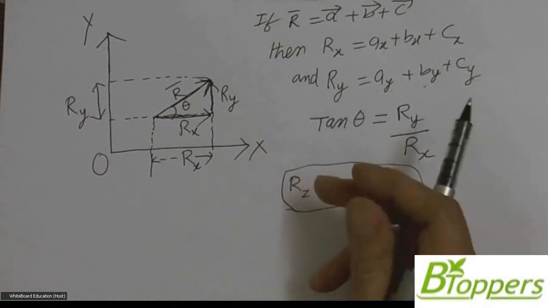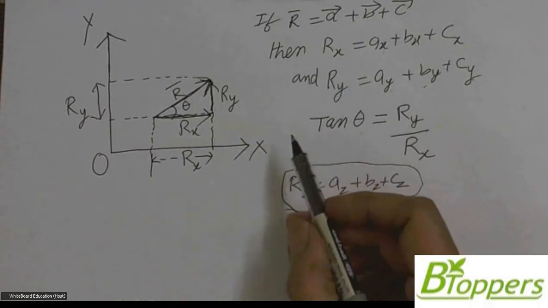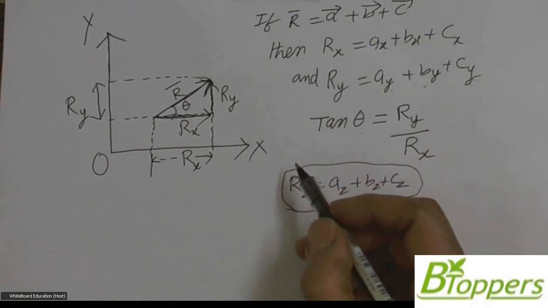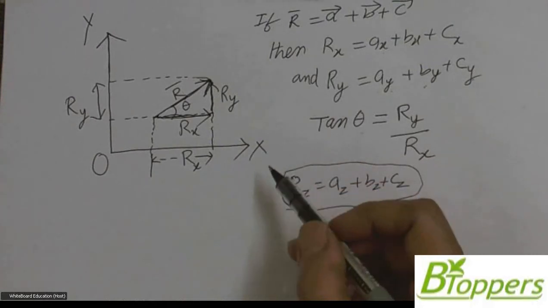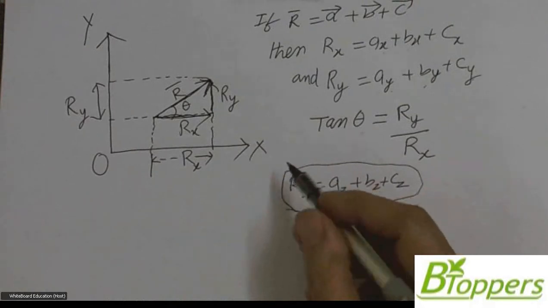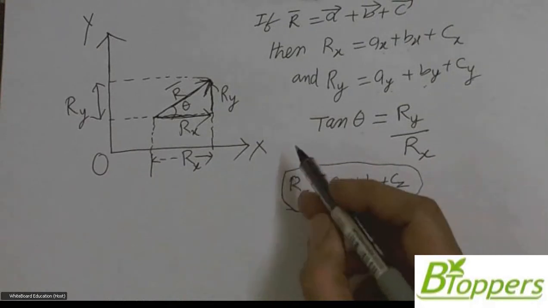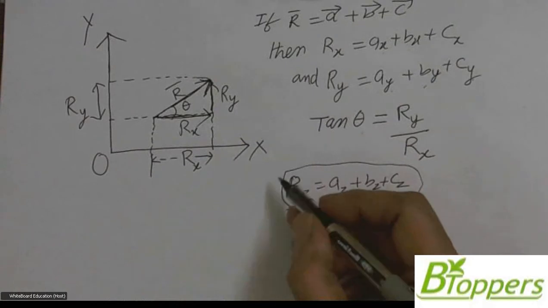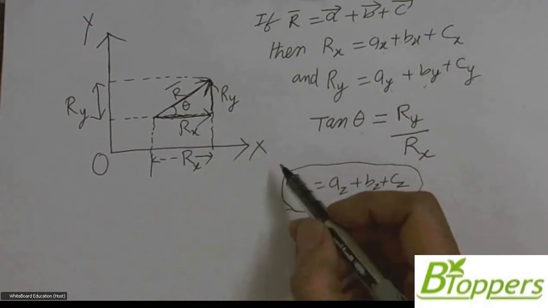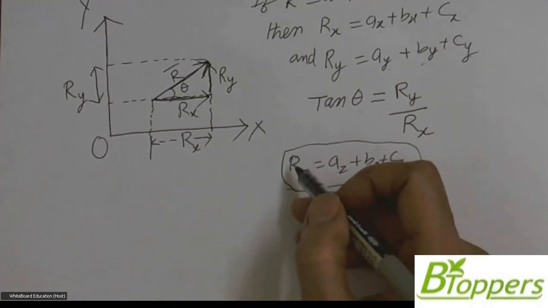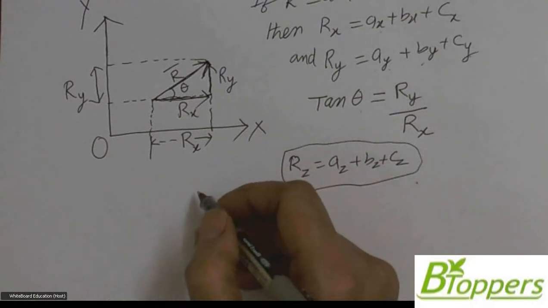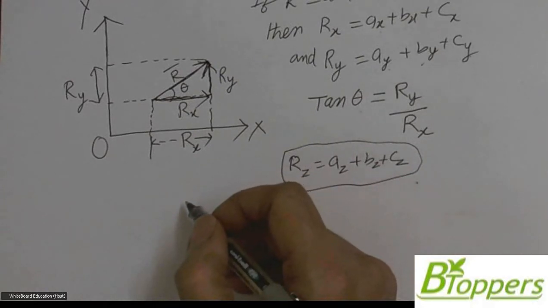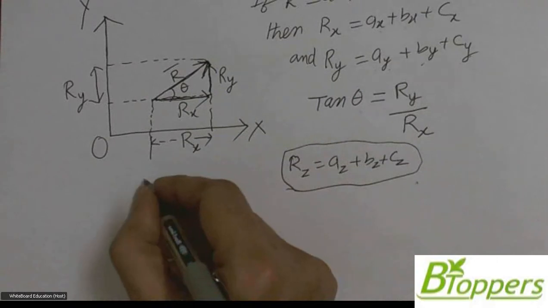And in some problems based on calculation of the net displacement or calculation of the resultant velocity, sometimes the direction of the vector is mentioned in terms of the angle made by the vector with a specific direction.